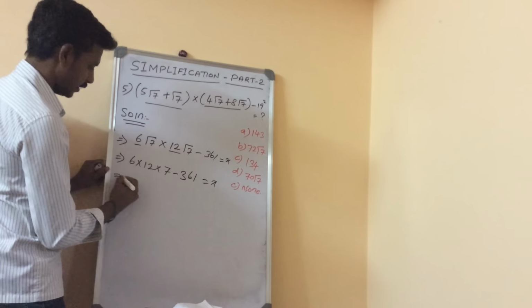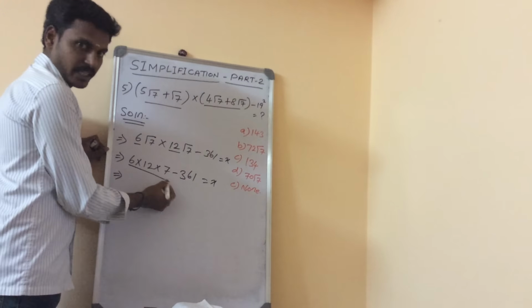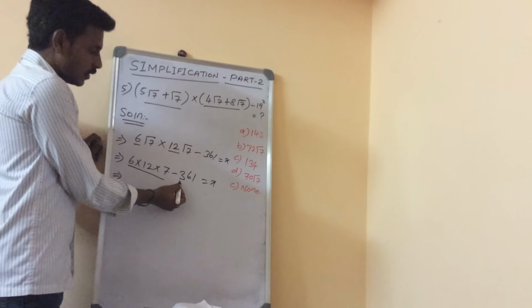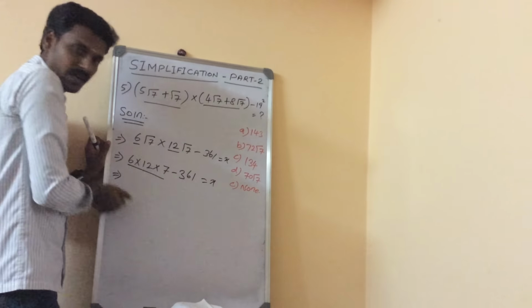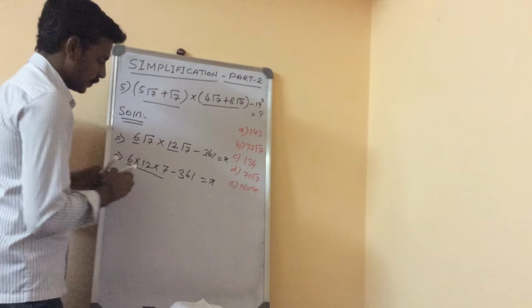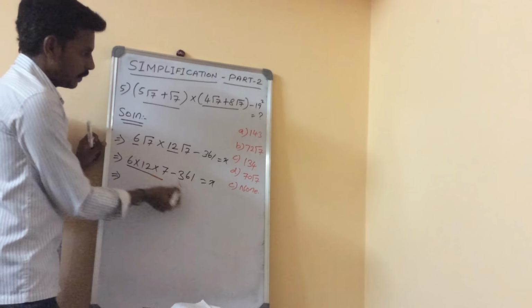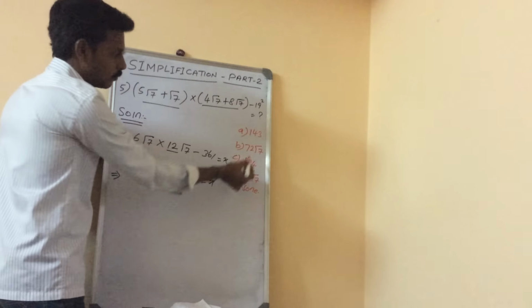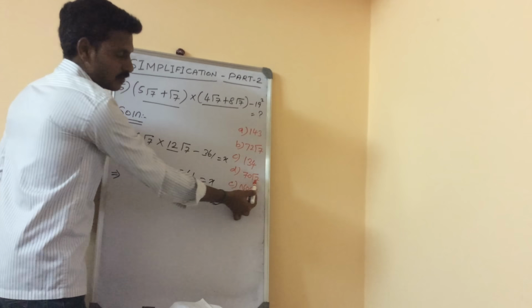Next, as per the BODMAS rules, we need to find the multiplied value, then only you can subtract. Here, as I already told you, you can't find the whole value, so you need to find the shortcut way. Look at the options: 143, 72 root 7, 134, 70 root 7.